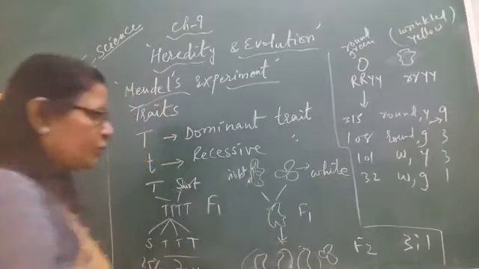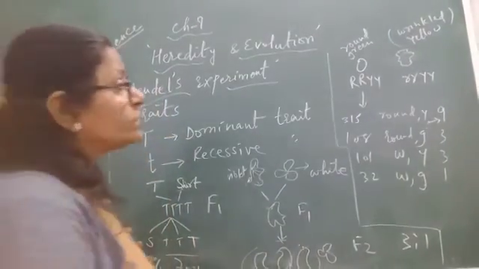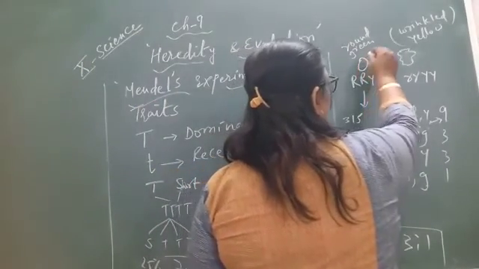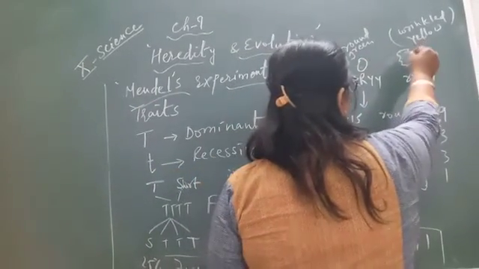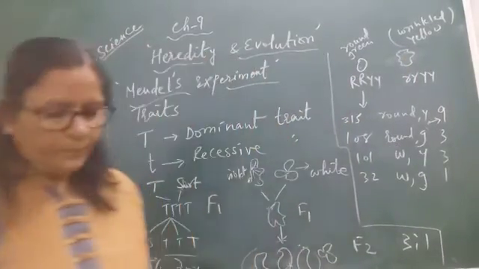So violet is dominant while white is recessive. Now the third experiment was done between green and round pea plants, and wrinkled and yellow colored plants.